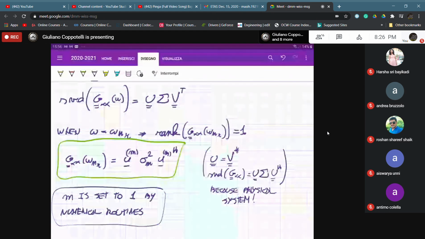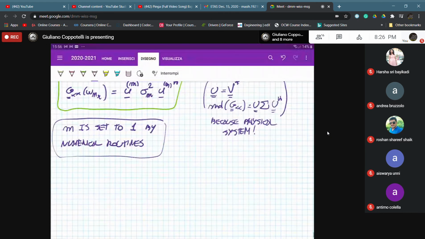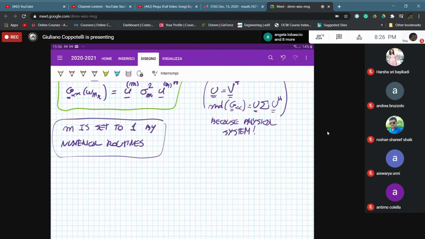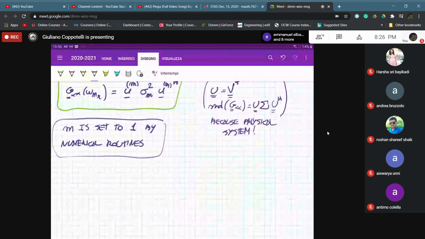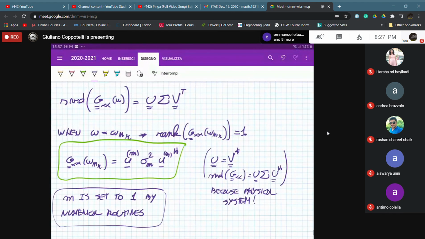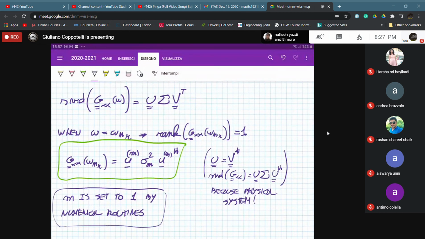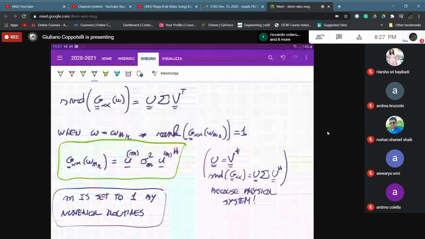While doing that, you can, for example, track the evolution of the singular values frequency by frequency. And when you are approaching one of the natural frequencies of the system, because of our single degree of freedom hypothesis, at that frequency only one singular value will survive. The others will be zero theoretically, and very, very low in practical cases.